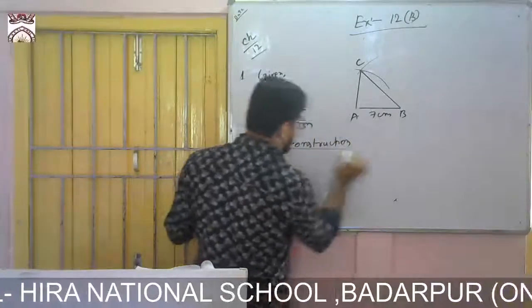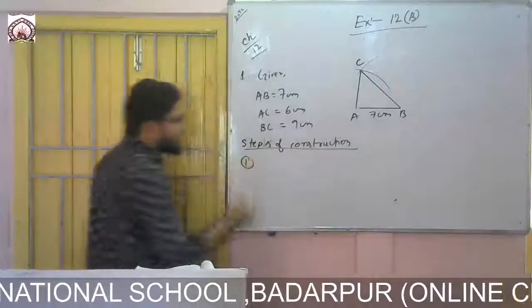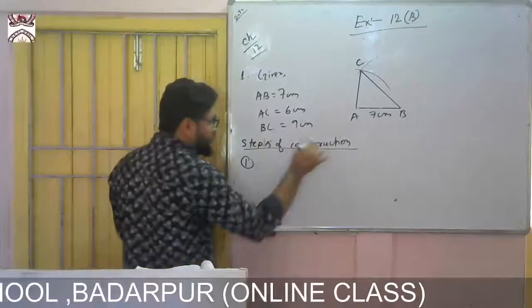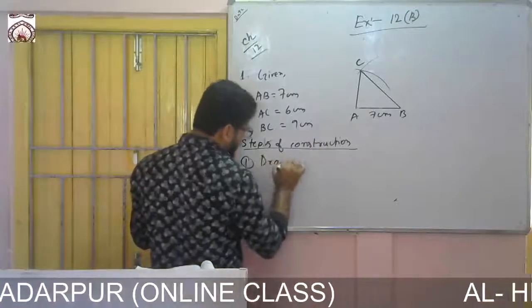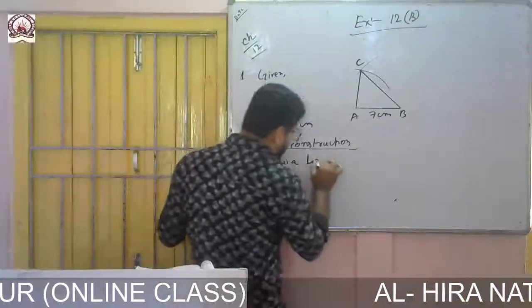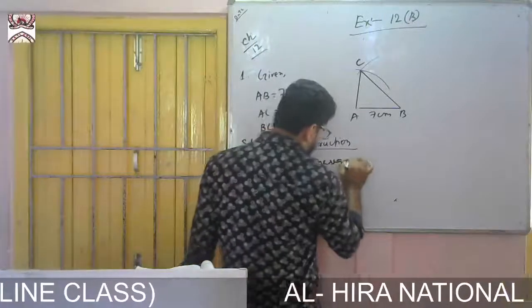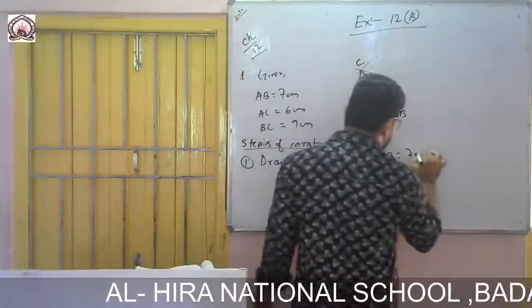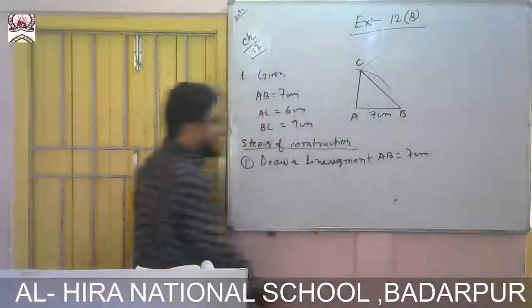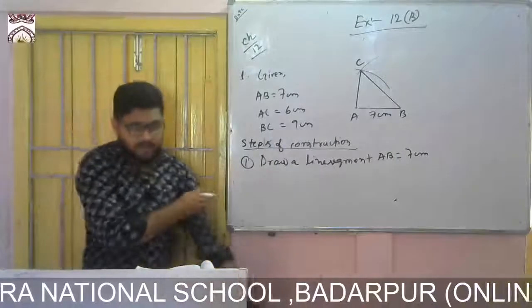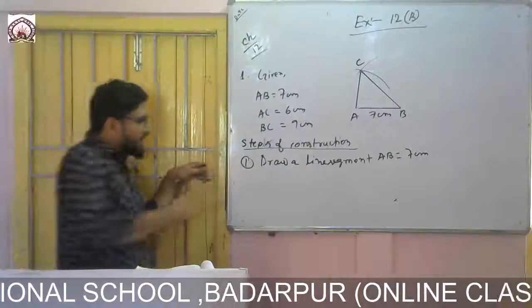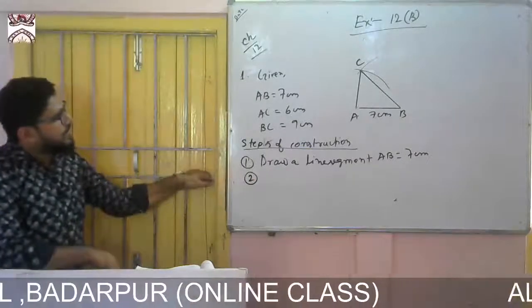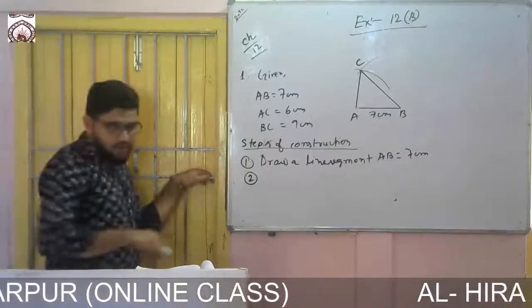Draw a line segment AB equals 7 centimeter. Draw a line segment AB equals 7 centimeter. Now number 2.